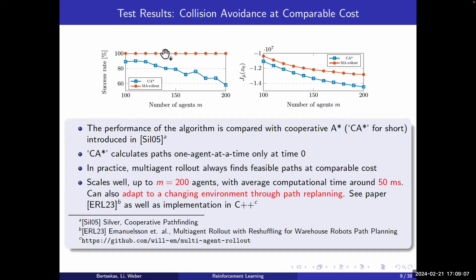And in practice, remember, multi-agent rollout needs to operate at every time instance. So at every time instance, we carry out the calculation. And if the resulting solution does not incur collision among all the robots within certain distance, we accept it and move on to the next stage. And if there is immediate collision, then we reshuffle the order.